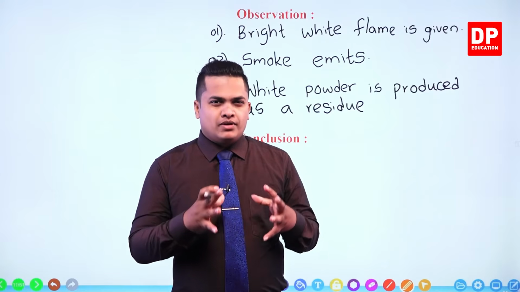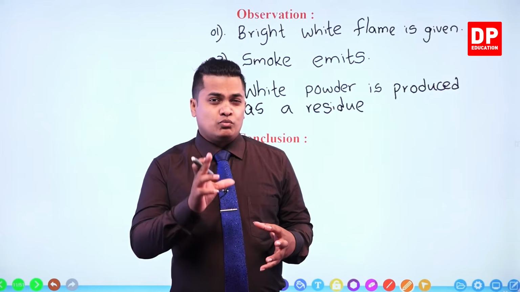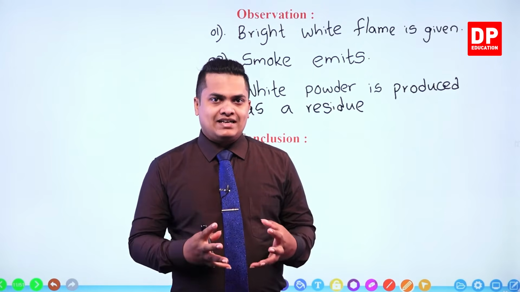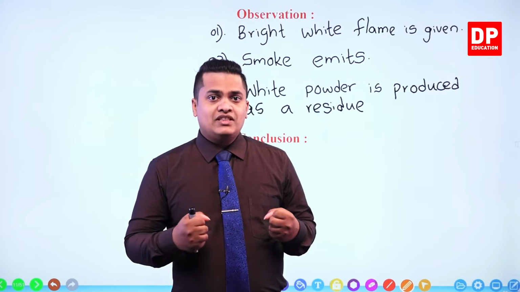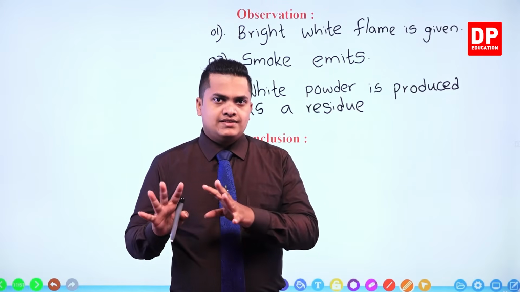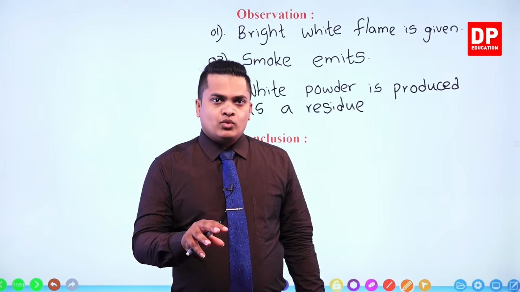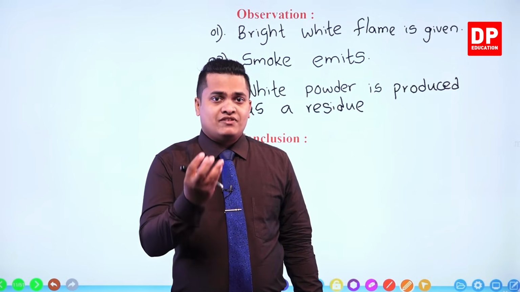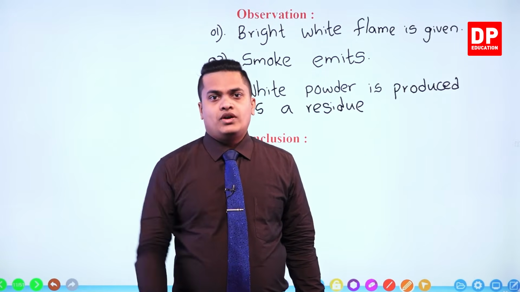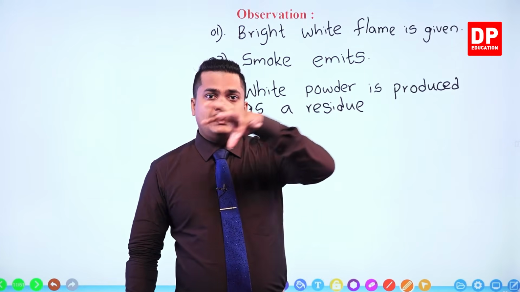You know that when you are burning something, in the earlier grades also you observed this, to burn something we need oxygen gas. Burning means reacting or interacting with oxygen gas. So when magnesium interacts with oxygen gas in our atmosphere, magnesium is going to convert into a substance that is a white powder, which is called magnesium oxide. Magnesium is turning into magnesium oxide.